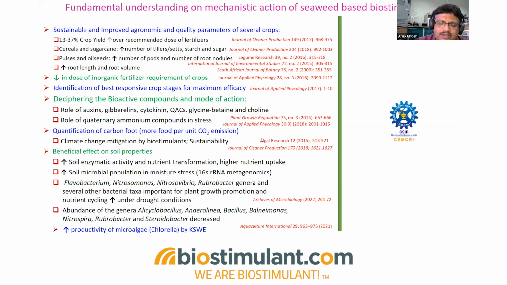For example, when it is 5 leaf stage, 10 leaf stage, and 15 leaf stage, if I give the biostimulant spray at 10 leaf stage, we don't really get significant improvement in the yield or the quality of the crops.